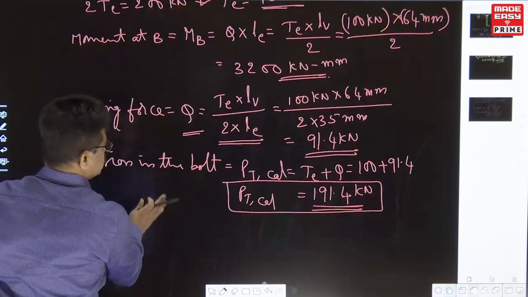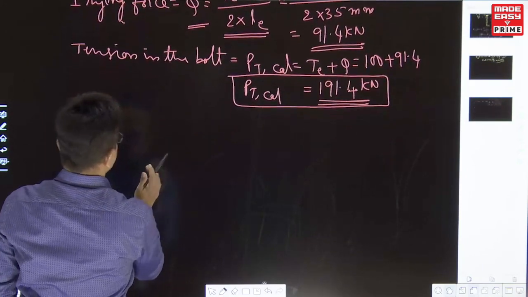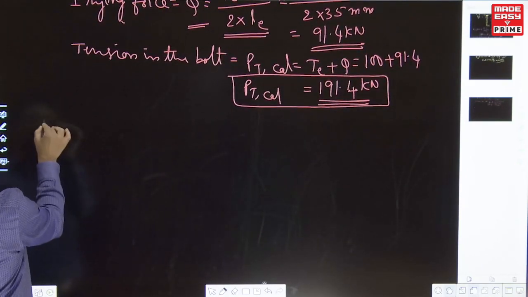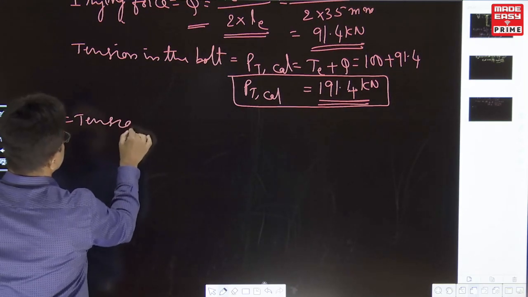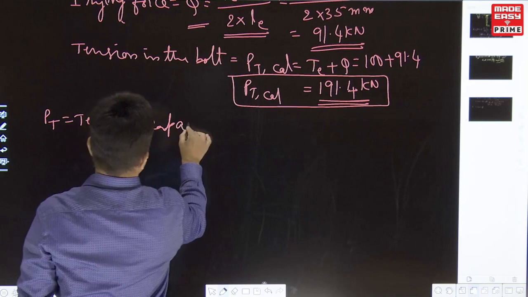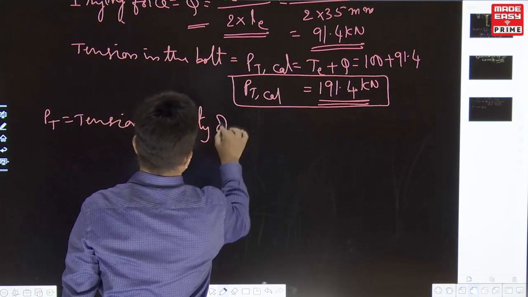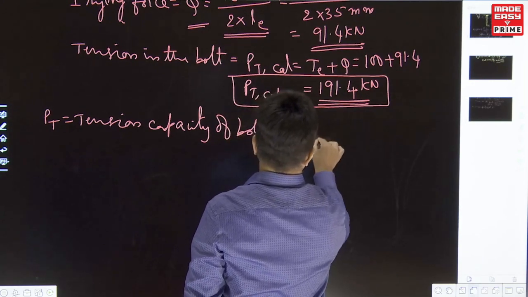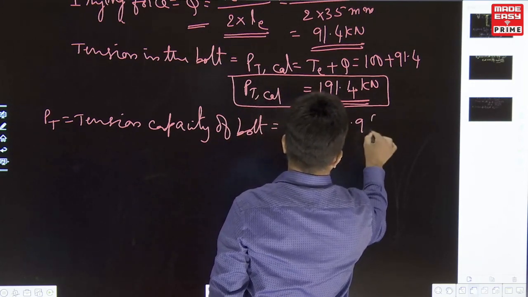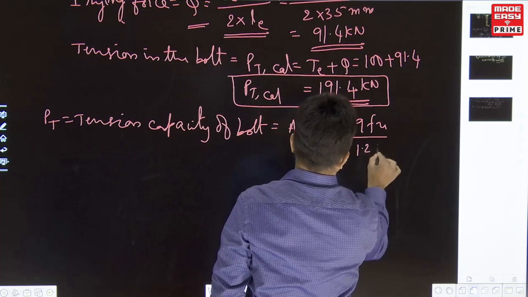Now you see, PT stands for tension capacity of bolt. How do we calculate it? Net area of the bolt into 0.9 FU by 1.25.